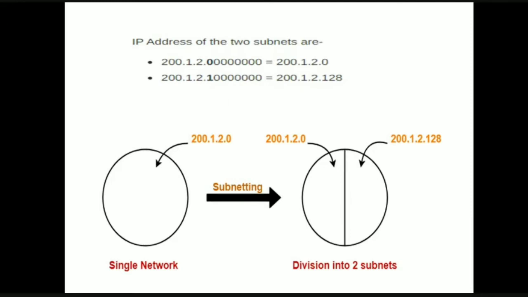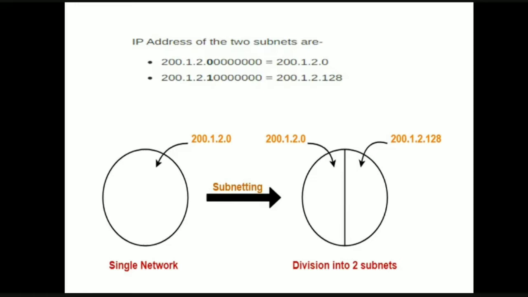Now, as we are dividing this single big network on the left side into two parts, in order to identify two subnets, how many bits do we require? Only one bit. For the first subnet, it is 200.1.2.0. See, the first bit is 0, in bolded black color.